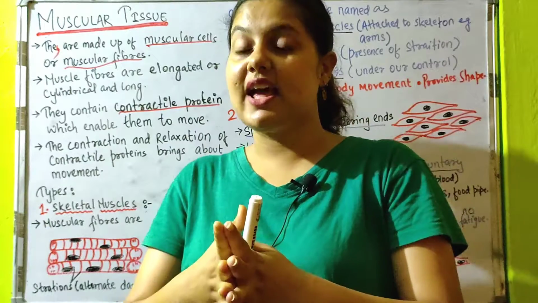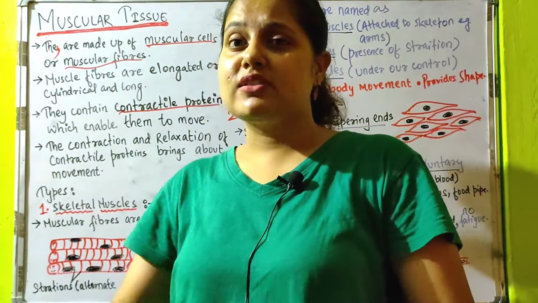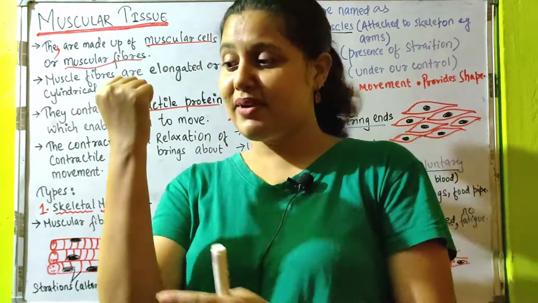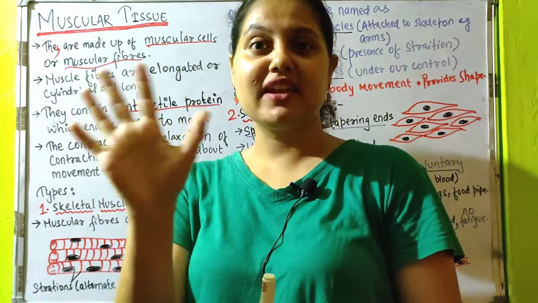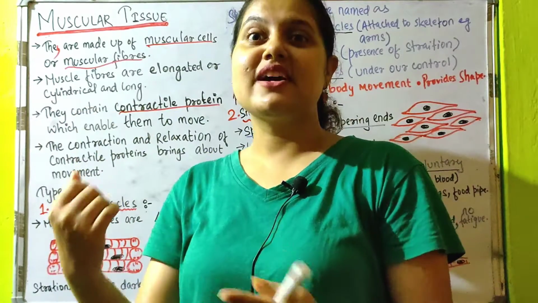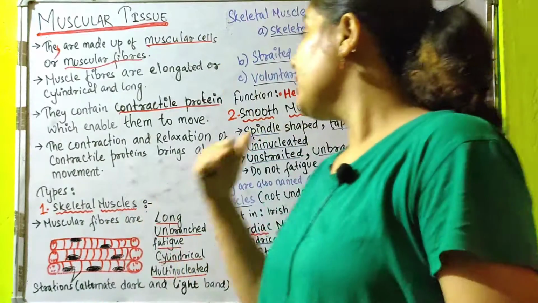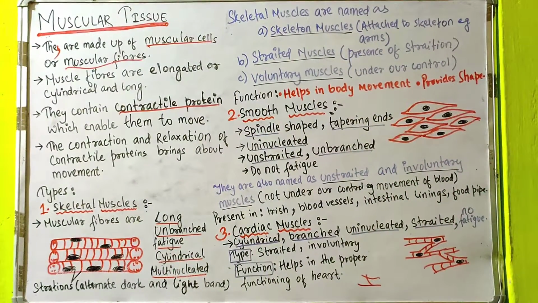How can you say these muscles are under our control? See, I want to say hi to you, my muscles are moving and it is bidding you hi. That means these muscles are under my control. So they are also known as voluntary muscles.